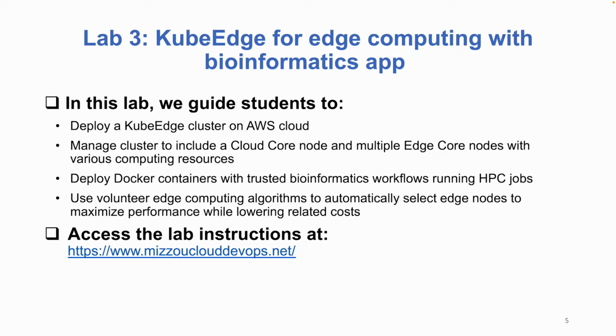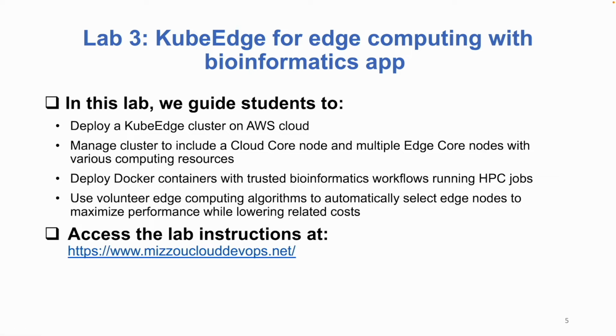On these cloud and edge core nodes, we will deploy Docker-based containers with trusted bioinformatics workflows that we have created based on our research projects to be able to run HPC jobs within the cluster. Under the hood, our application will use volunteer edge computing algorithms that we created to automatically select edge nodes to maximize the performance while lowering the cost to run these jobs in the cloud.